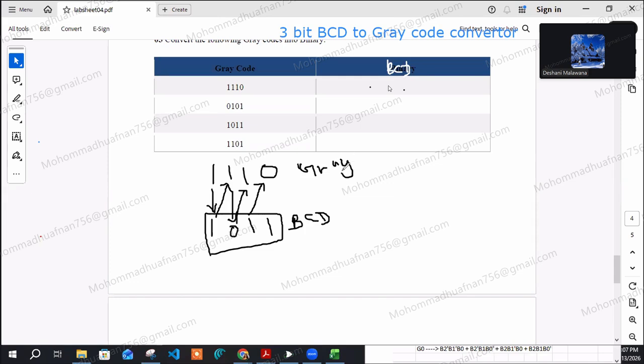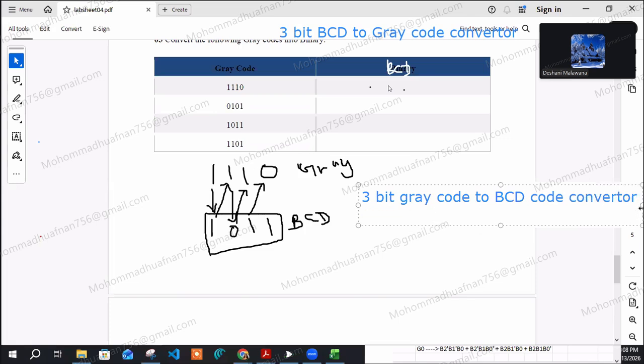Now what I need you to do by yourself is create a converter logic circuit for gray code to BCD code. Did you get my point? So, a 3-bit gray code to BCD code converter.